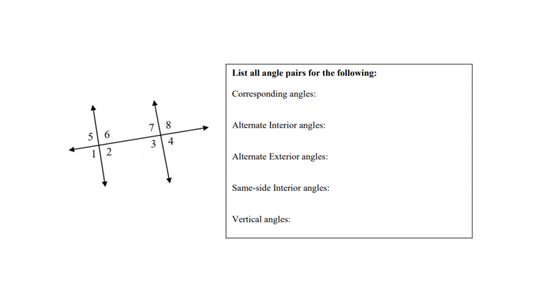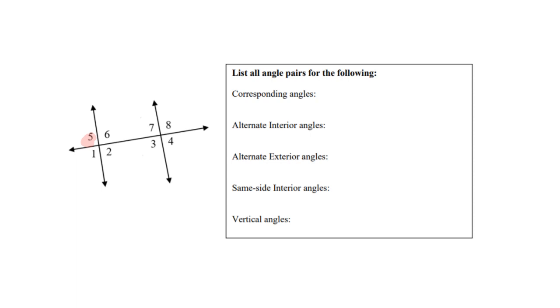What we're trying to do is list all of the different types of angle pairs that we have in this picture. So corresponding angles. All angles have a corresponding angle pair because they don't have to be on the interior or the exterior. So if I started with angle 5, for example, right here, what angle is corresponding to angle 5?